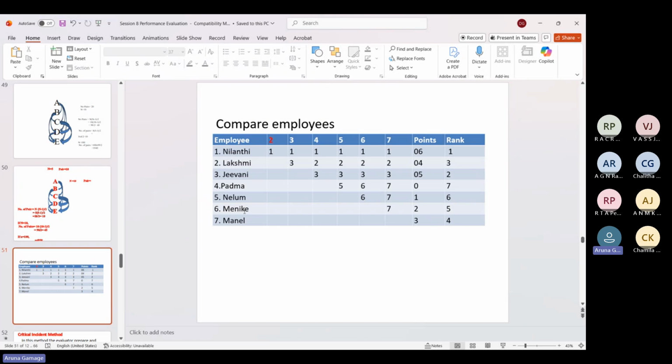Shall we write down these labels on the horizontal axis: 2, 3, 4, 5, 6, 7. We are not writing 1 because 1 means Nilanti. Nilanti is not compared with Nilanti. It is absurd. So we omit 1.